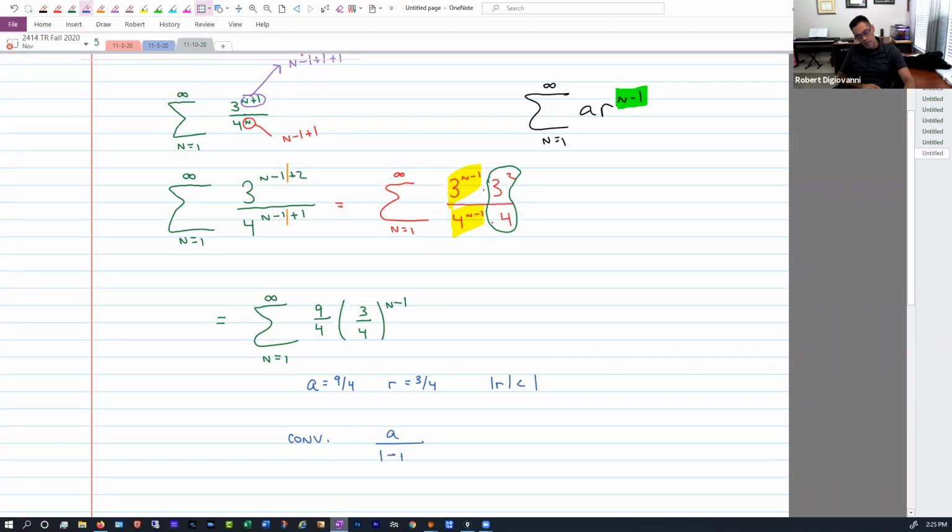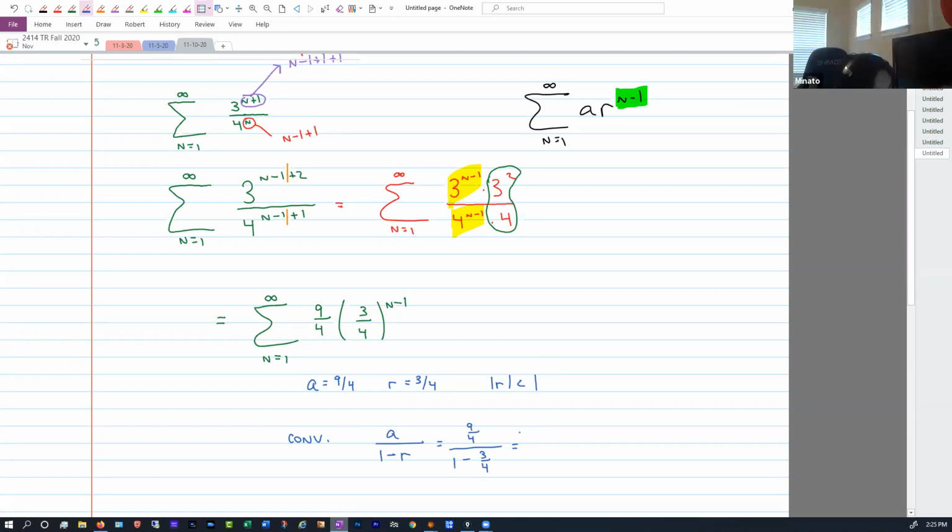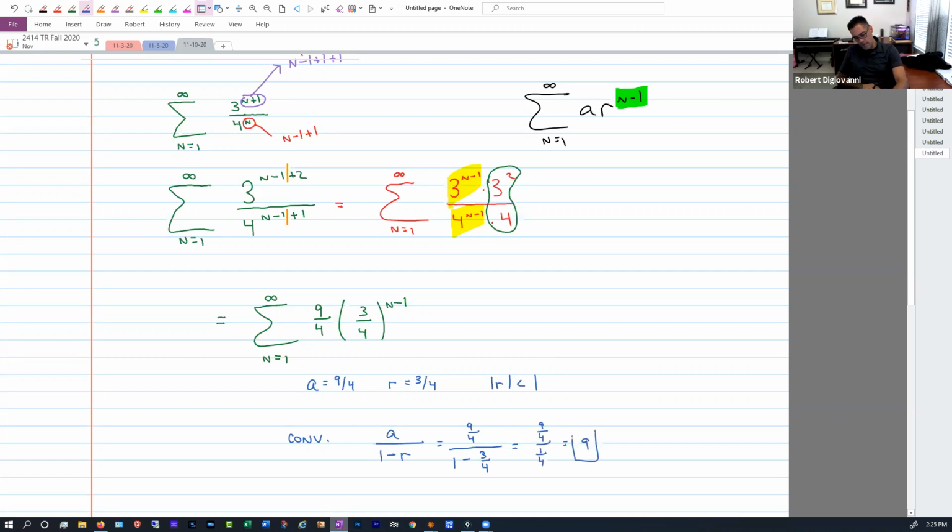A over 1 minus R, right? Which for us is 9/4 over 1 minus 3/4, which is 9. Is it 9? Yeah, it's 9/4, and then that becomes 1/4, and then you flip it, it becomes 9.